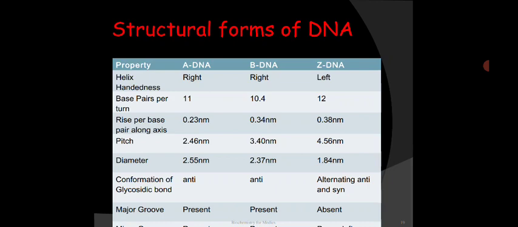But the DNA doesn't have any types; it has structural forms. Structural forms means different types of structure present in the DNA molecule, found in different species. So, different forms of DNA.